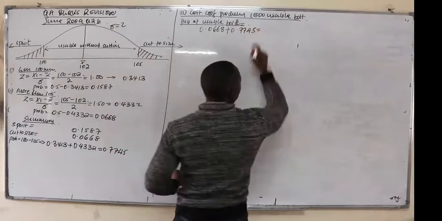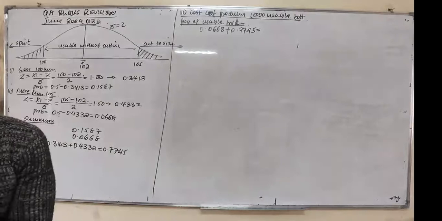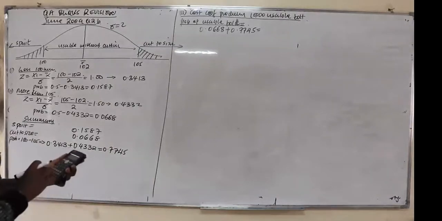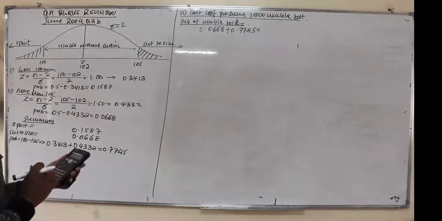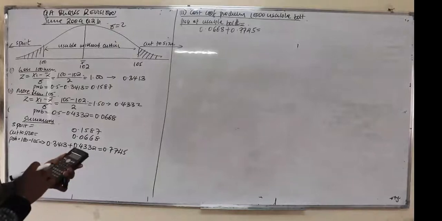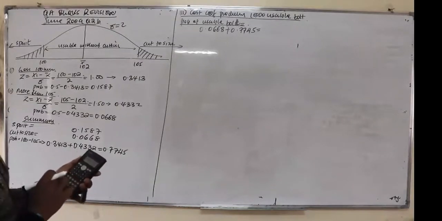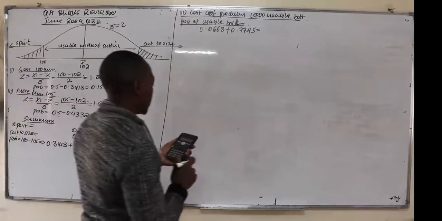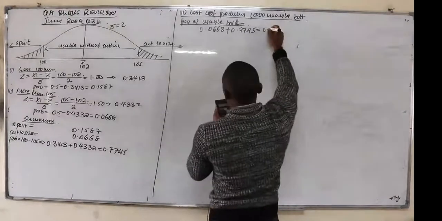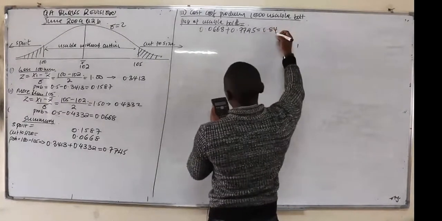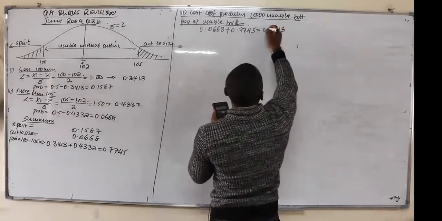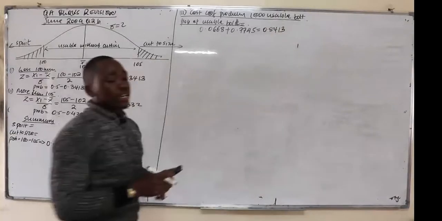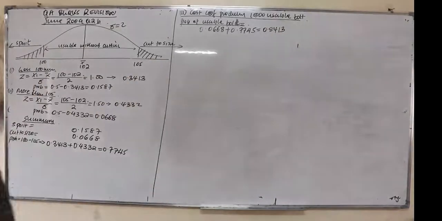So give me the probability of producing usable bolts. Did you get 0.8413? So that's the probability of producing a usable bolt.